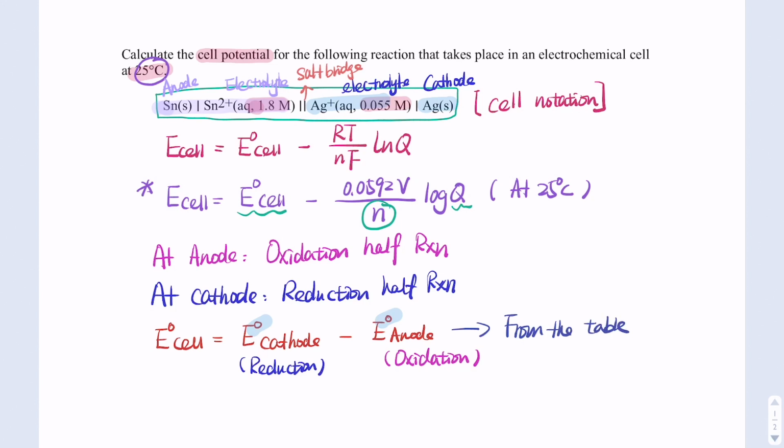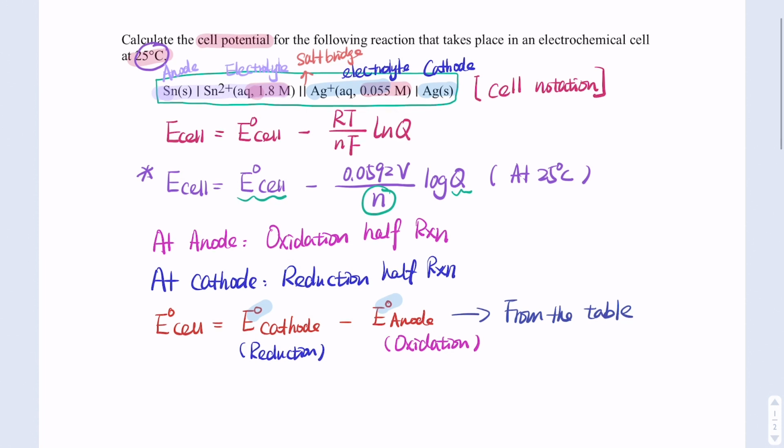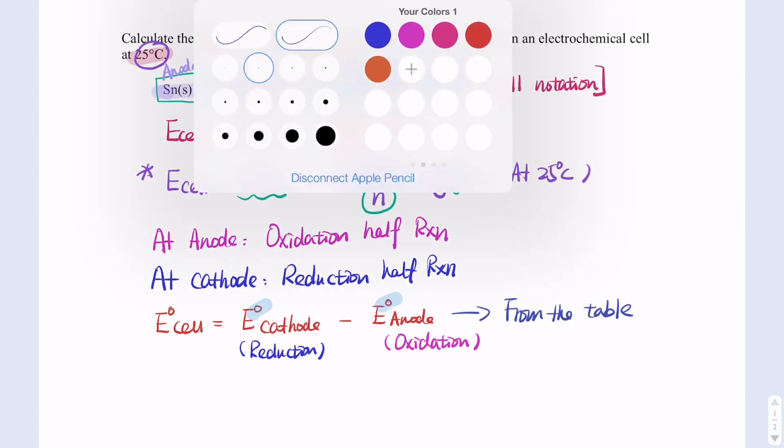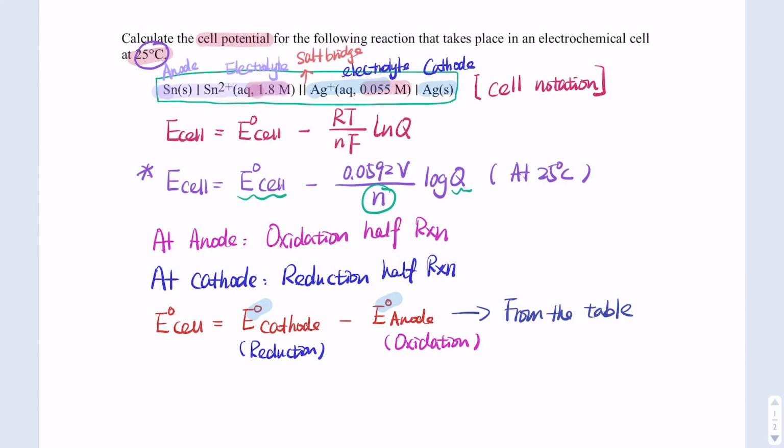The table will be provided, and it is called the standard reduction potentials table, at 25 degrees Celsius. So you can find those values from the table. Now the problem is what the value is for each one, and that comes from writing out the reaction equation itself. One more time, at the anode the oxidation half reaction happens, and from the oxidation half reaction we know that the oxidation number will increase.